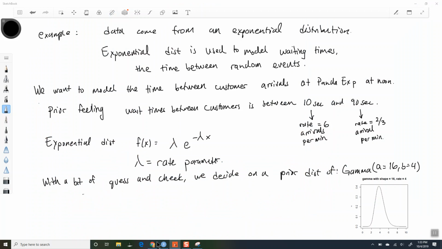Okay, so we start off here, and then let's go out and gather some data. You go to Panda Express, and you decide to time how long it takes between customers arriving. So we do data collection.